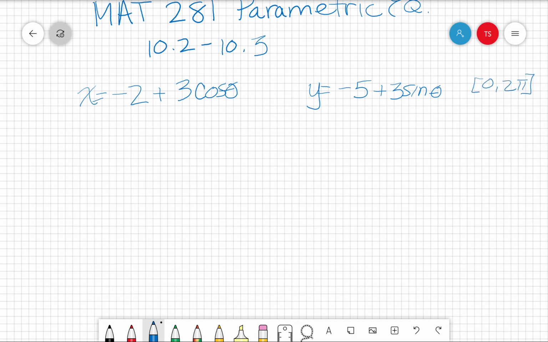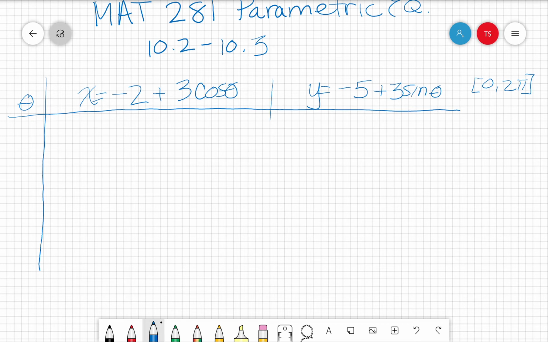And so I like to make a table of values for these points. And for theta, we'll do 0, pi over 2, pi, 3 pi over 2, 2 pi. And that's typically how you would divide that up.